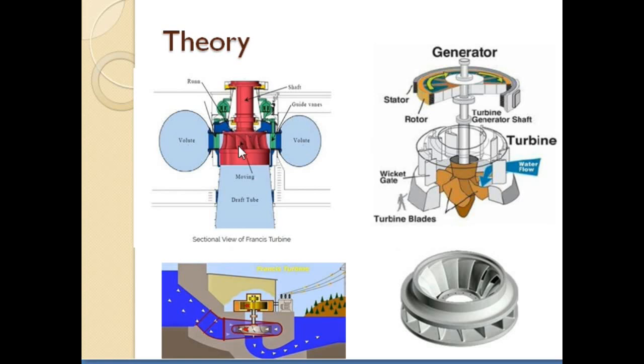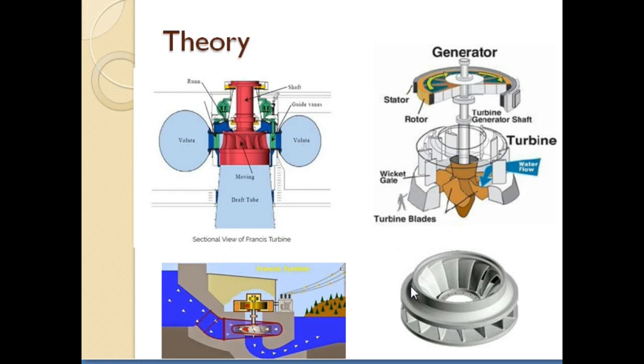The moving blades are the blades into which the high pressure fluid flows. After passing through the wicket gate, the water falls on the moving blades, but it still has some pressure energy, which will be released as it flows over the moving blades.